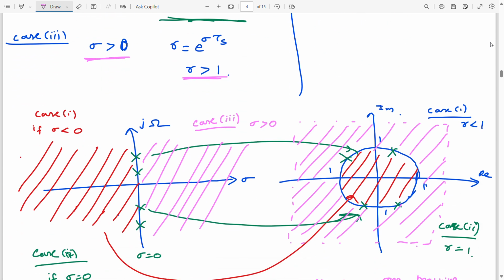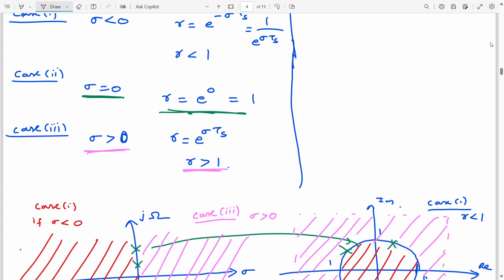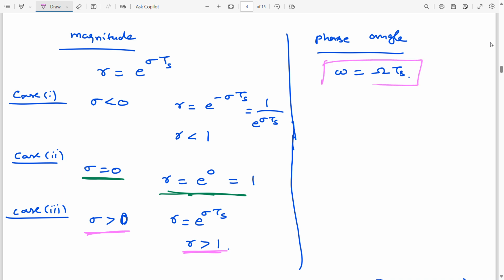And here we need to assume that the mapping of the S plane poles and zeros to the Z plane with respect to magnitude is clearly explained, and we know that the digital frequency omega is always directly proportional to the analog frequency omega, which are linearly represented by omega is equal to omega Ts, where Ts is the sampling duration.